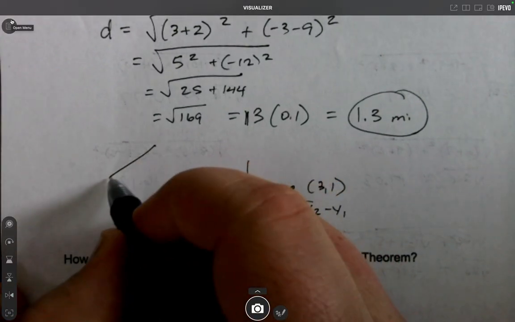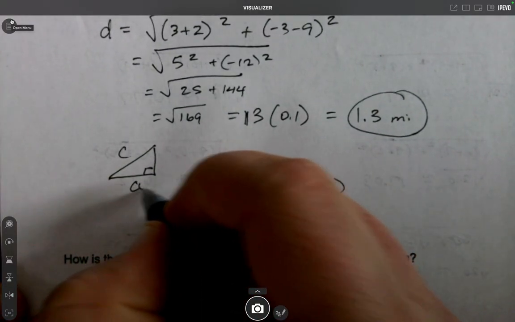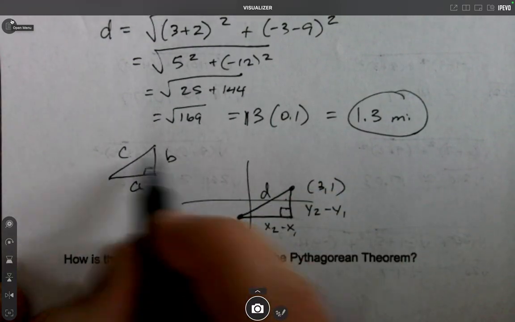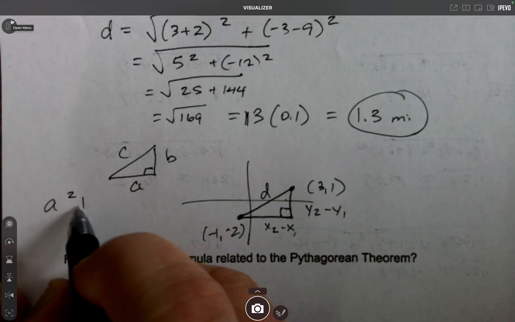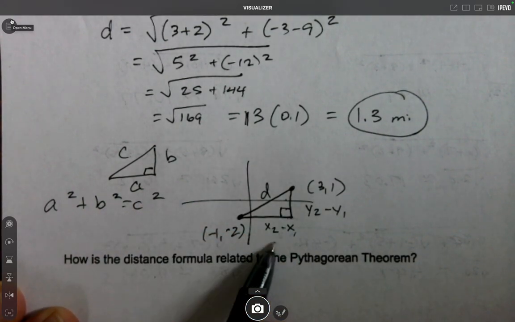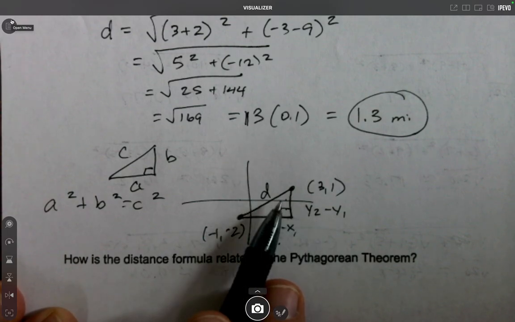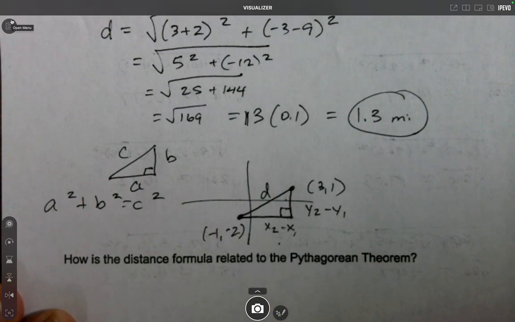Okay, now when we had the Pythagorean theorem and called the sides a, b, and c, we knew the lengths of these sides were related by saying a squared plus b squared equals c squared. So really x2 minus x1 is our a, y2 minus y1 is our b, and then our hypotenuse length is our distance d.